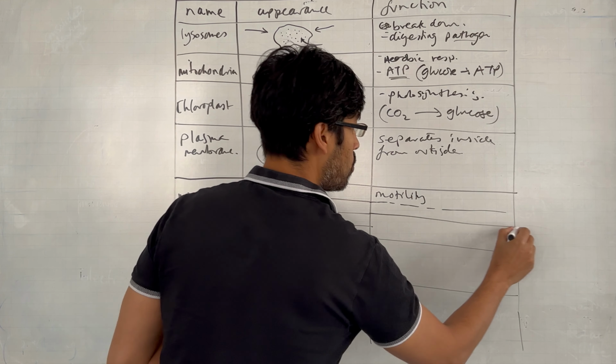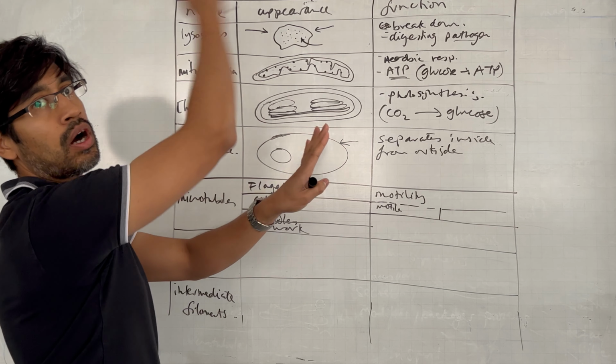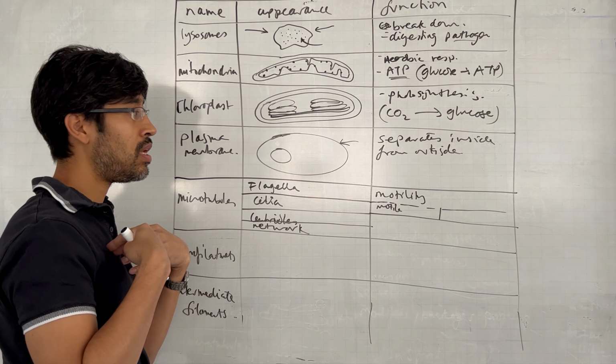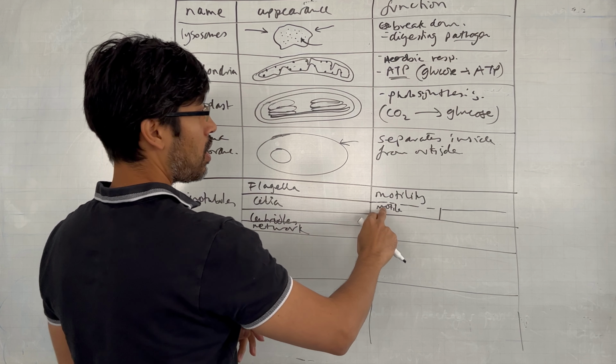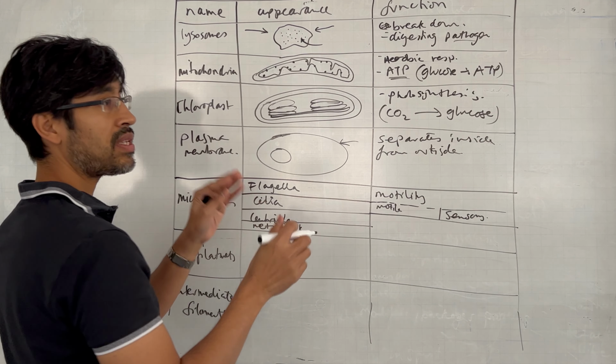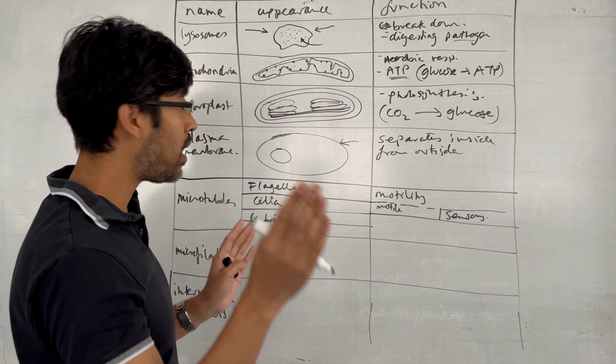Cilia can have two functions. Cilia can be motile cilia, but that's not to move the cell, it's mainly to move fluid over the cell, right? Like the ciliated epithelium in the lungs. So we've got motile cilia, but we've also got sensory cilia. So some cilia are just there to detect kind of vibrations in the air.